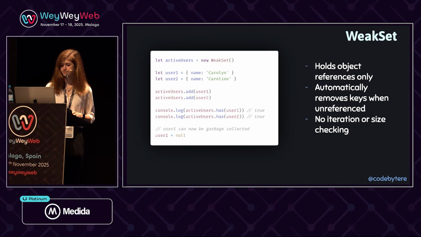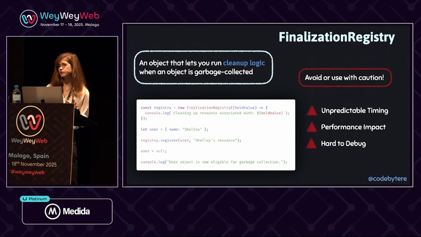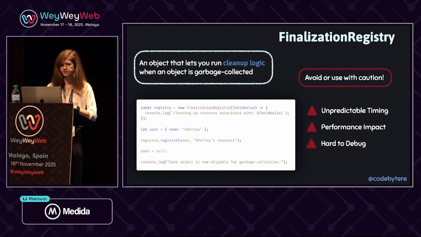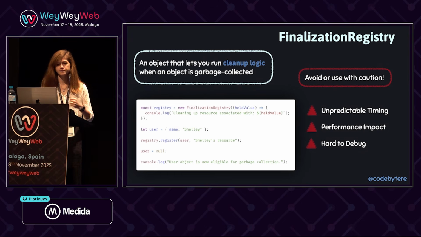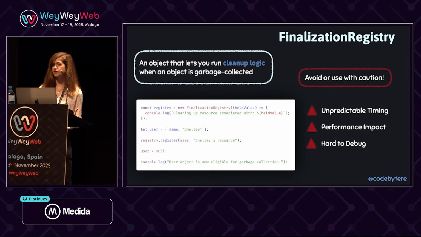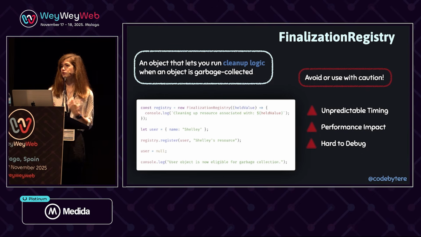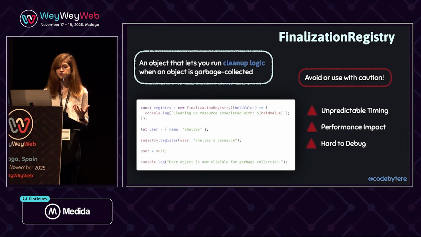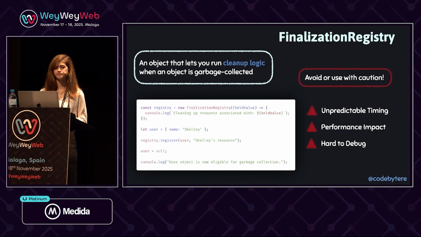This last one I threw in here not because I necessarily think you should use it, but more because I think it's interesting. So, a finalization registry is a tool in JavaScript that lets you run cleanup logic whenever an object is garbage collected. It's something that someone might use when they're tracking resources that might need explicit cleanup, but are hard to manage directly.